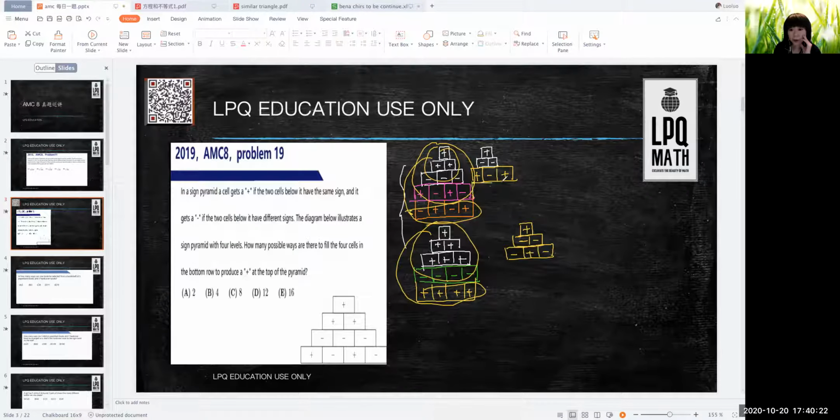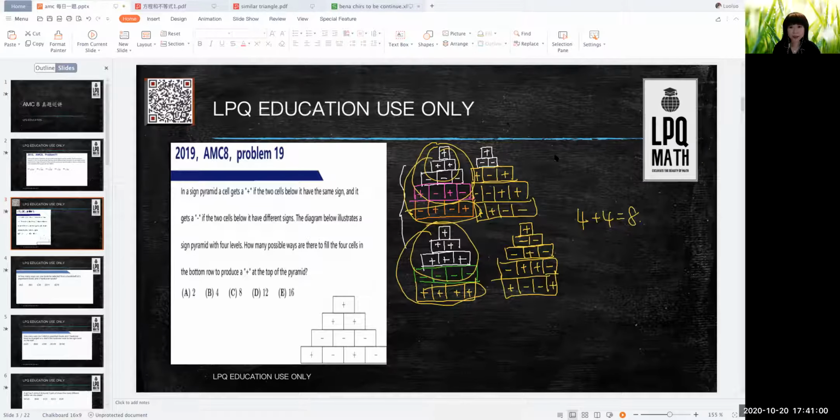So for the fourth layer, they have options like negative, negative, positive, positive, or positive, positive, negative, negative, or negative, positive, positive, negative, or positive, negative, negative, positive. So another 4 options. 4 plus 4 equals 8. So this question's answer is 8.